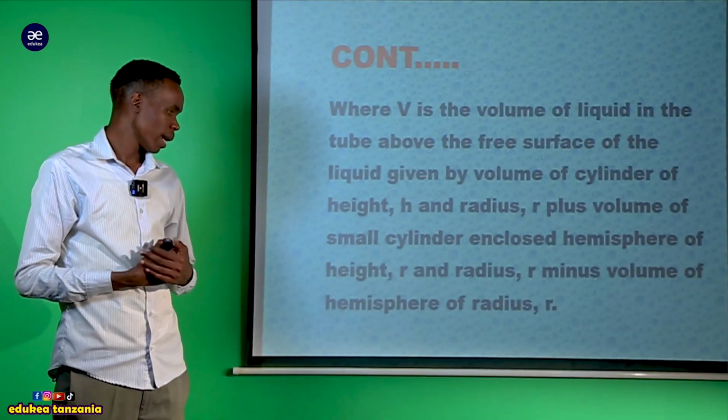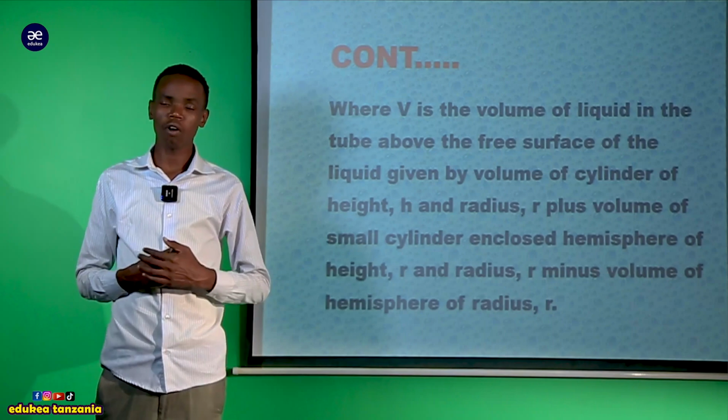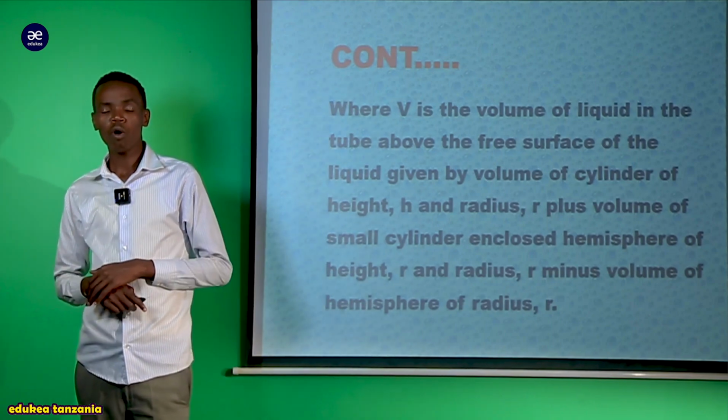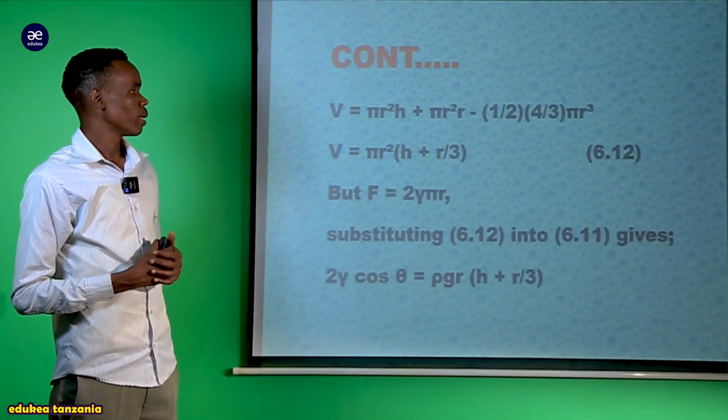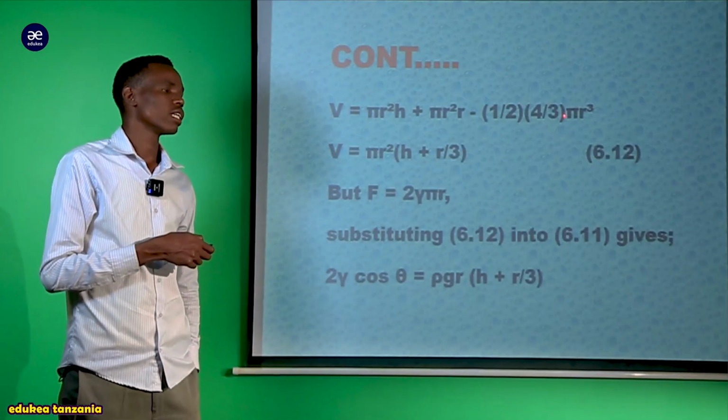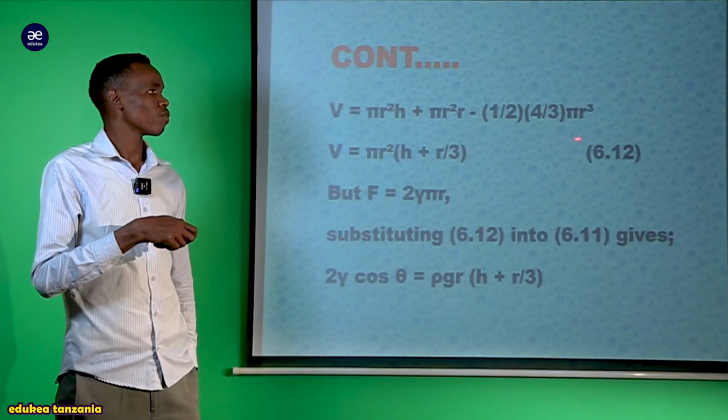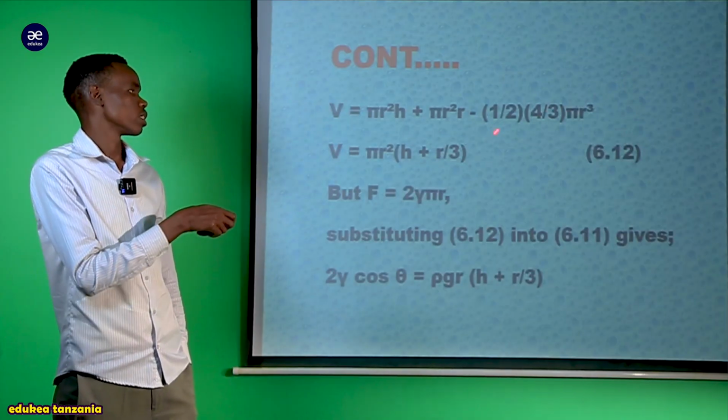But finally we subtract the volume of the hemisphere of radius r. The volume of the hemisphere of radius r, my dear student, should be obtained by taking a half, then multiplying by 4/3 pi r cube, as we have seen here.